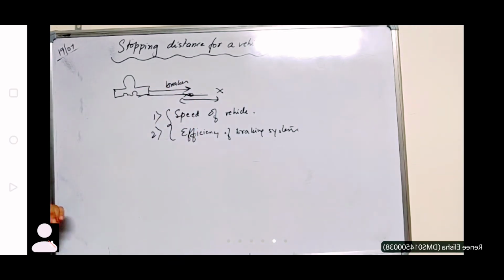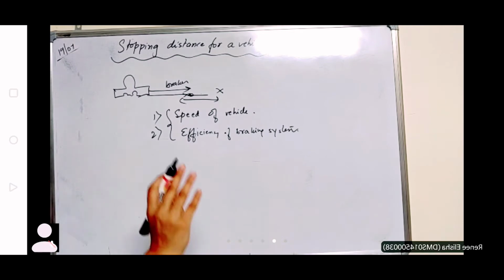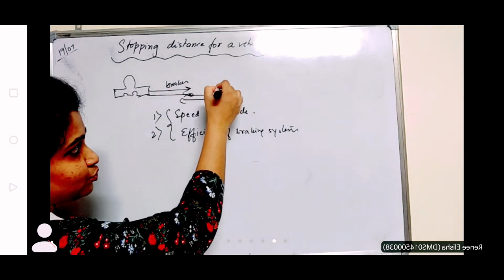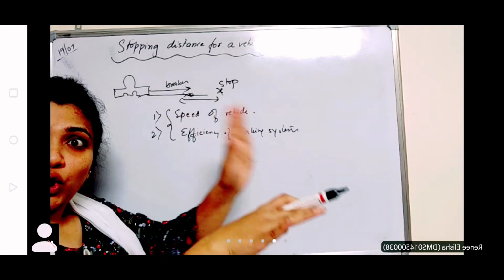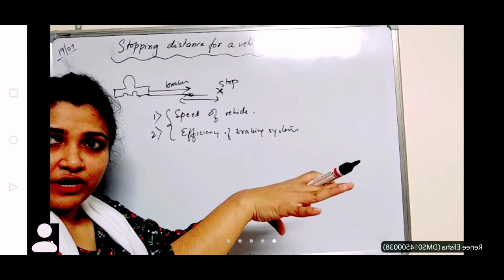Now let ds be the distance traveled by the vehicle before it stops. I applied a brake here, and we should hold the clutch and then apply the brake for a car to stop.